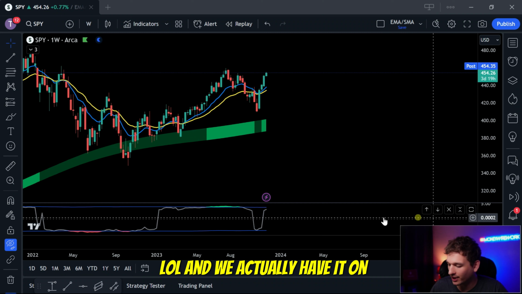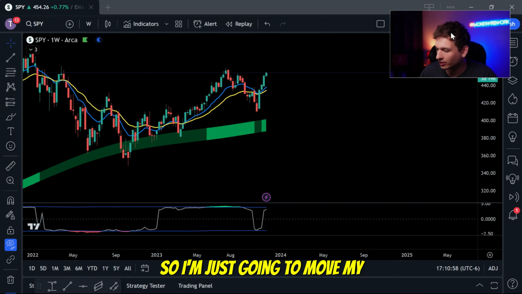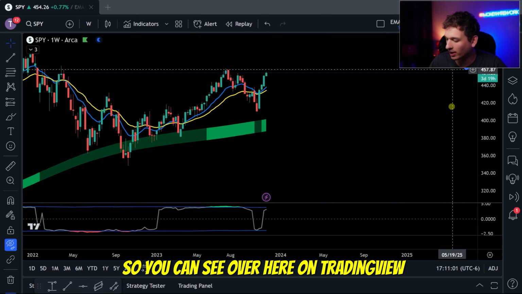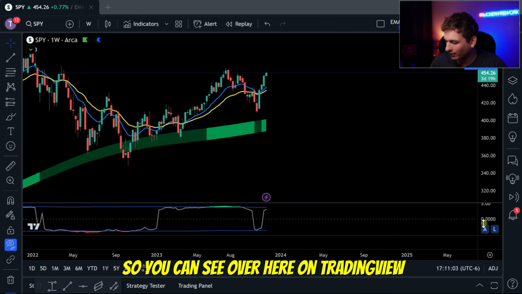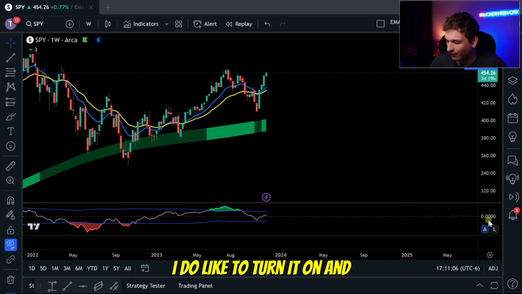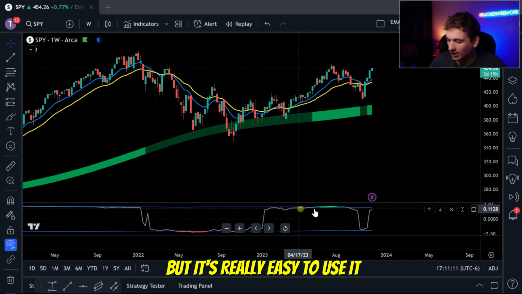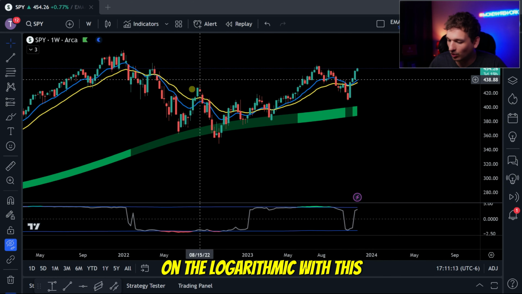Then we have the Trendillo, and we actually have it on the logarithmic. So I'm just going to move myself up here real quick. You can see over here on TradingView, you can turn it on and off. I do like to turn it on and off, but it's really easy to use it on the logarithmic with this setup.